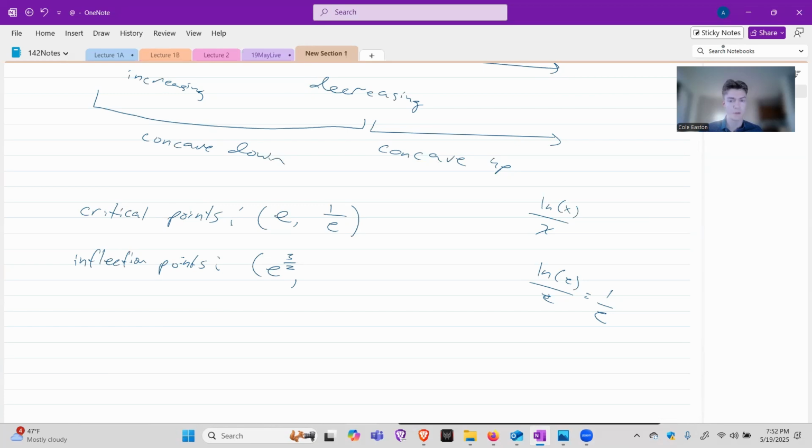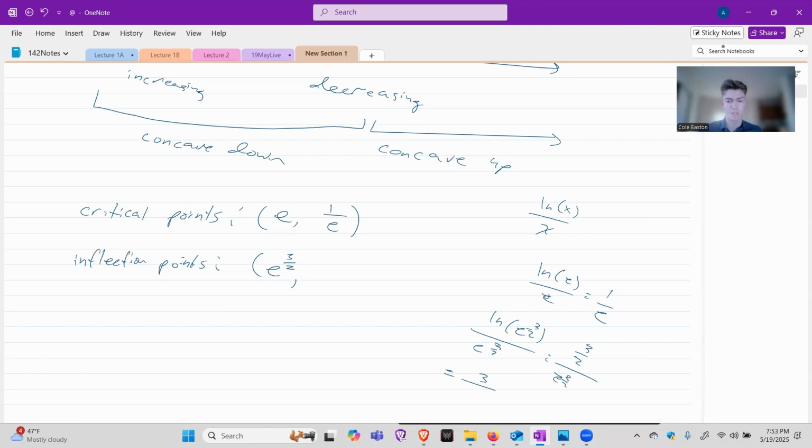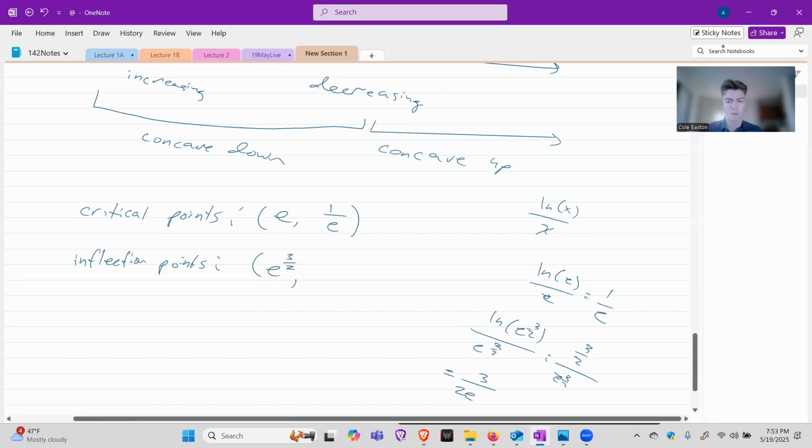And for our second one here, we have ln of e to the 3/2 over e to the 3/2, which is 3/2 over e to the 3/2, which I could rewrite, because we don't really like to have fractions inside of fractions, as 3 over 2e to the 3/2.